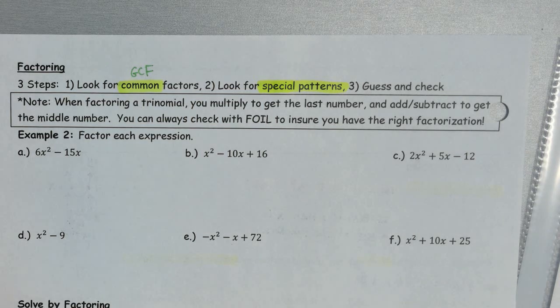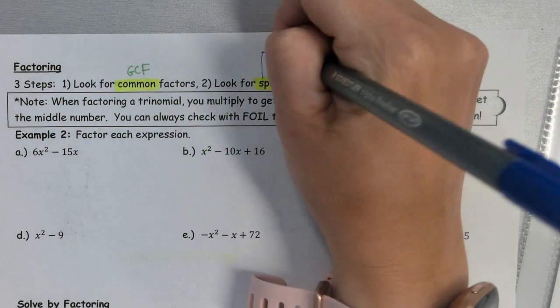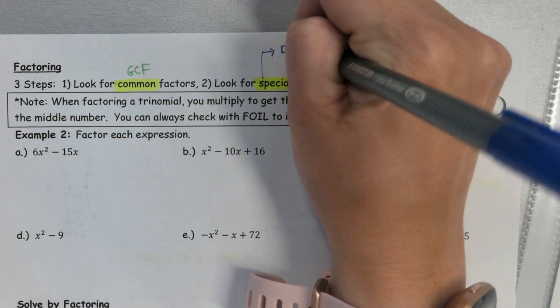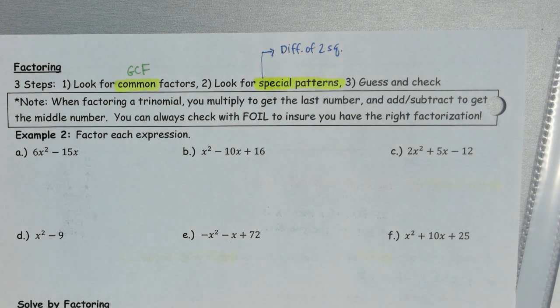Remember the difference of 2 squares? If you have a squared minus b squared, it's a plus b, a minus b.